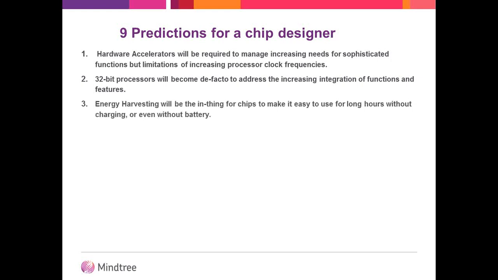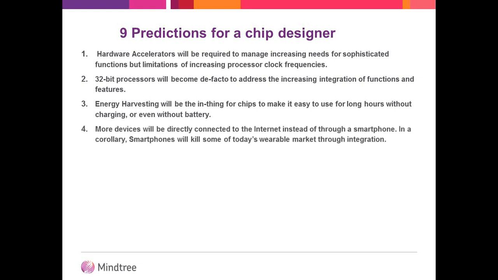Third, energy harvesting will become an in thing for chips, as we expect more and more of these chips to live a very long life. Just to briefly tell you, for people who don't know, energy harvesting is about using ambient energy and converting it into electrical energy, so you almost completely remove the battery from your product.